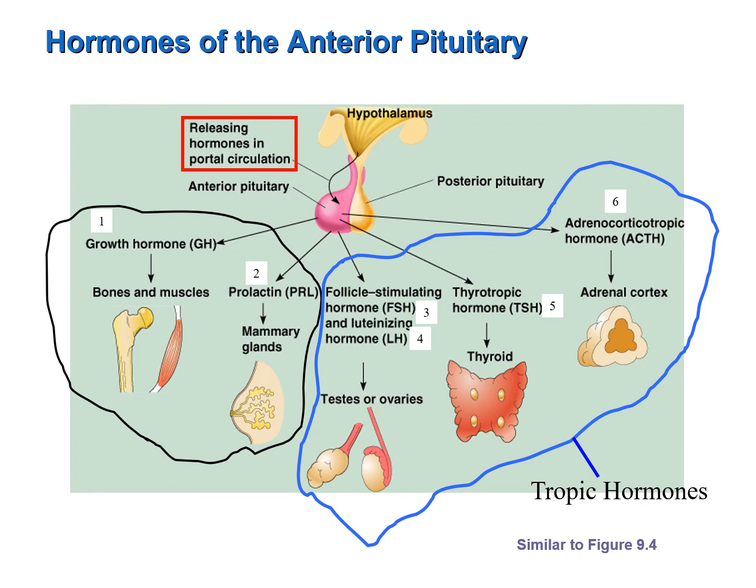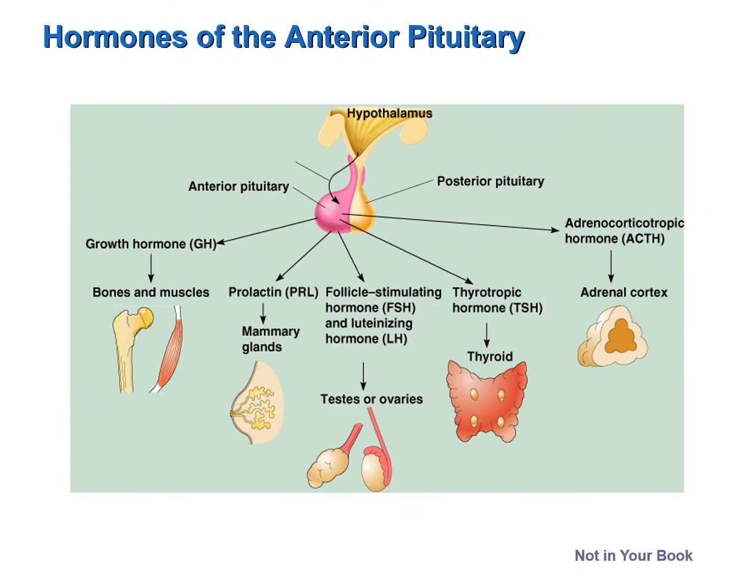Also, I want to remind you that all of these hormones, these 6 hormones of the anterior pituitary gland, are produced and released in response to hormones from the hypothalamus. Let's now look at our first anterior pituitary gland hormone, growth hormone.